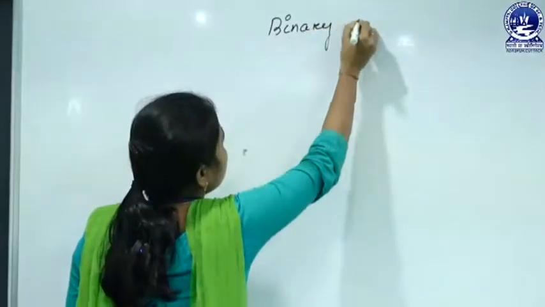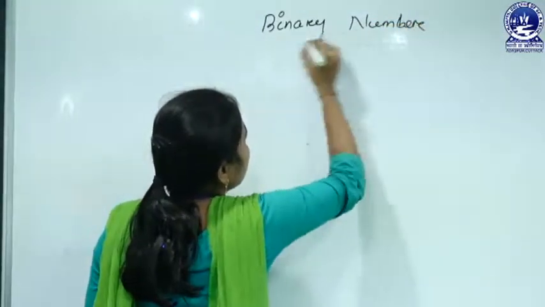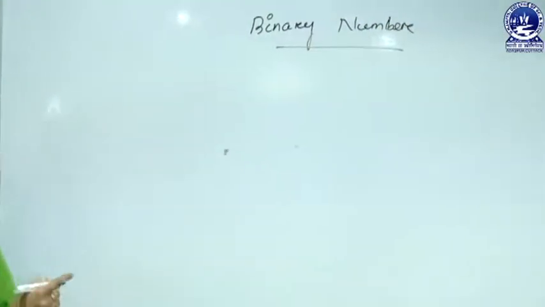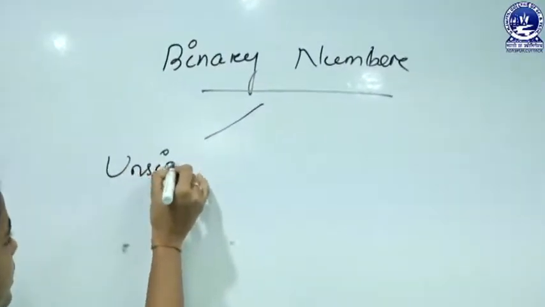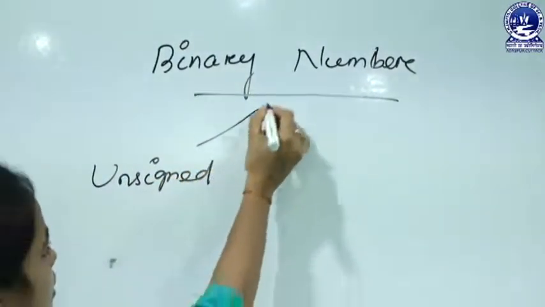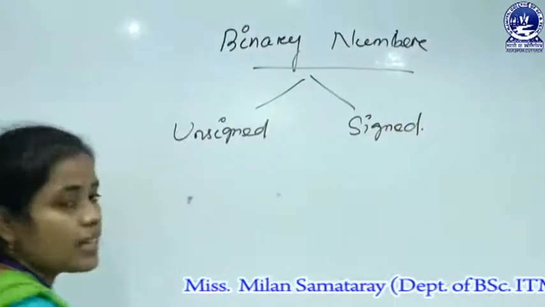To perform operations, we have to represent a binary value in different formats. To represent a binary number we use two forms, one is unsigned, another one is signed.